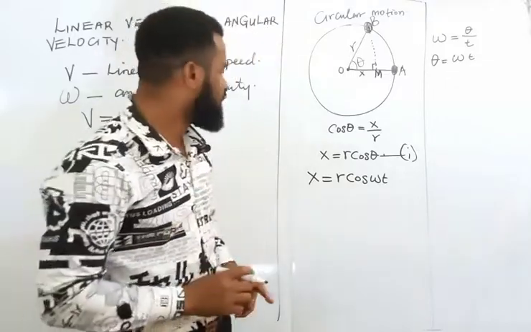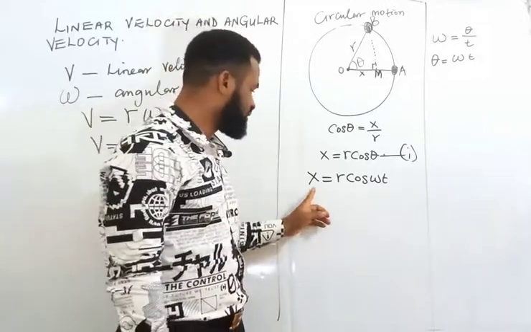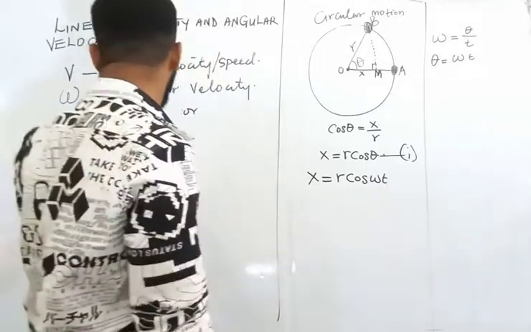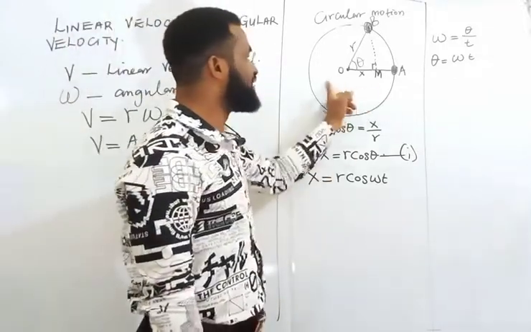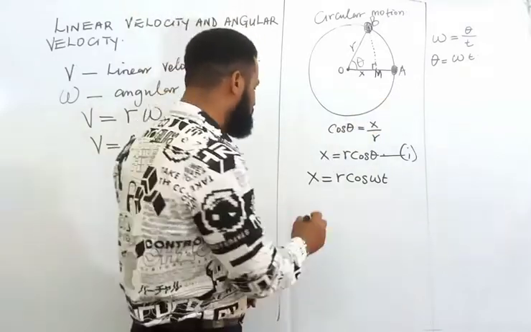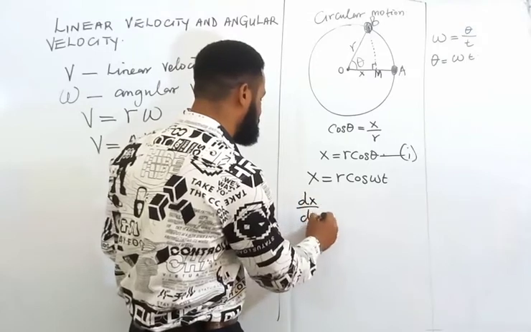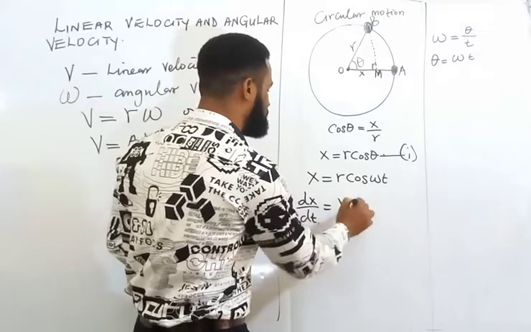At this point, I am going to take a derivative of x with respect to t, because I want to achieve velocity. And remember that this x is representing a displacement. Now, dx with respect to dt is going to be equal to v.